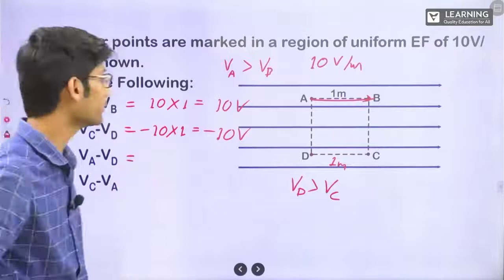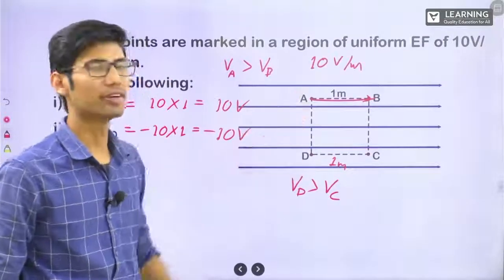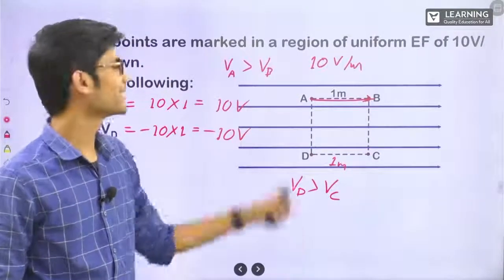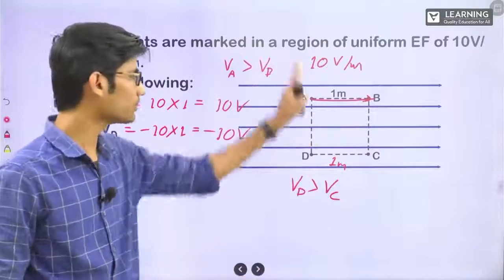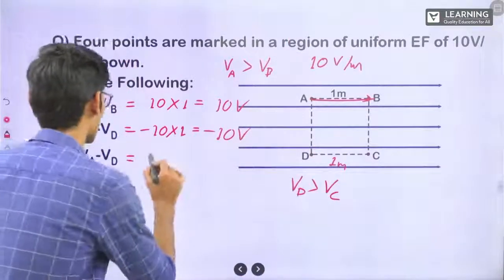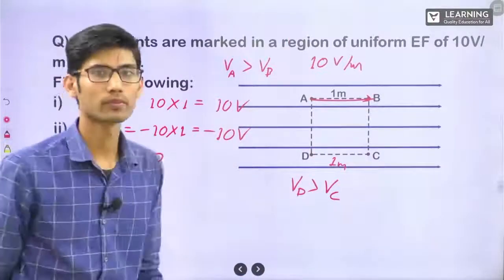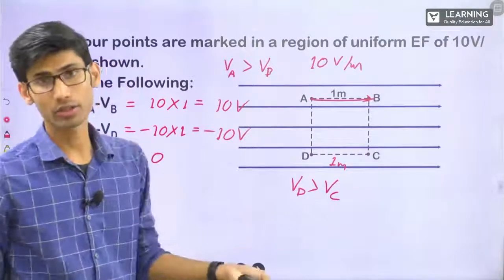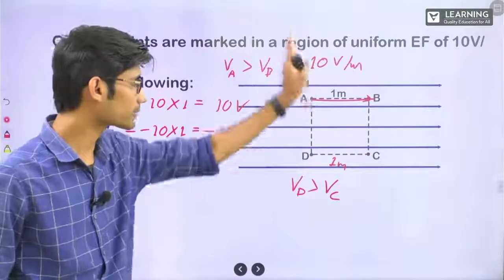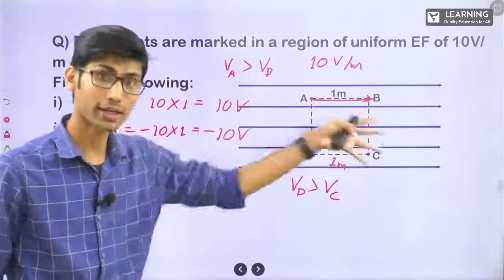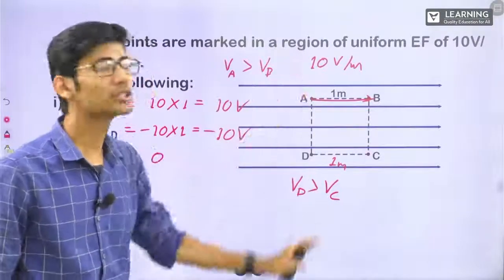Here, VA minus VD, delta x is 0. On the same line both are, it will be 0. Fine. Understand one more thing I told, if this line is perpendicular to the electric field, this will be an equipotential line.